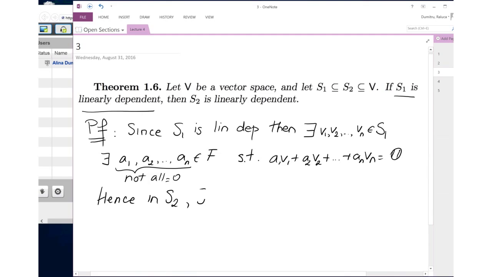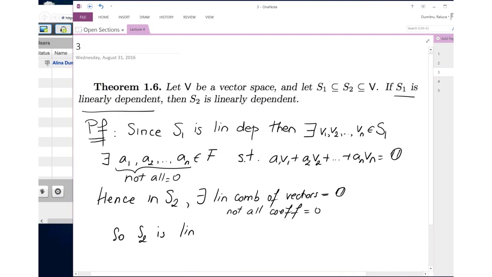In S2, there exists a linear combination of vectors that gives you the zero vector with not all coefficients equal to zero. Linearly dependent too.